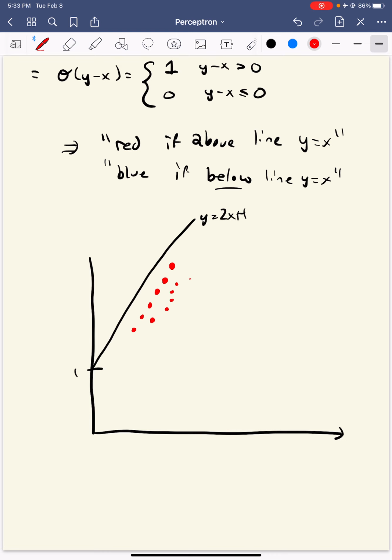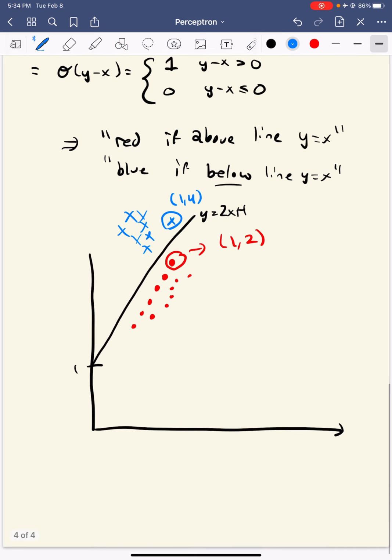So this is my data, and let's give you this point, 1, 2, and let's choose a blue X right here, 1, 4, and all these X's are here.